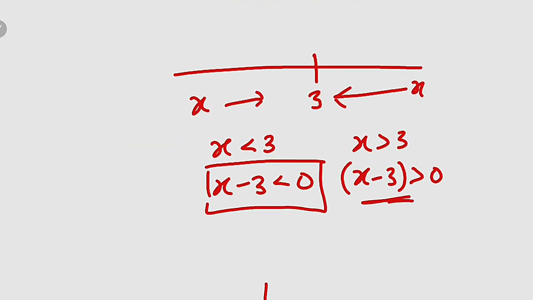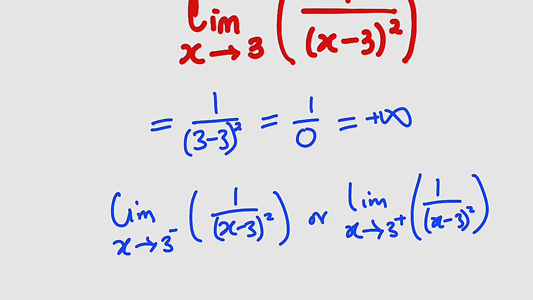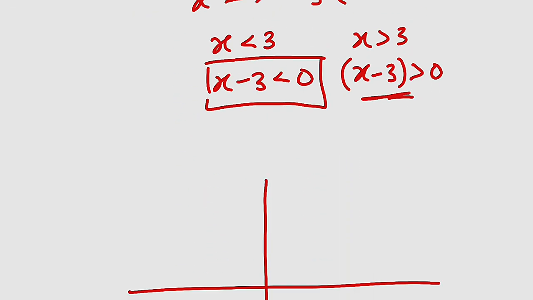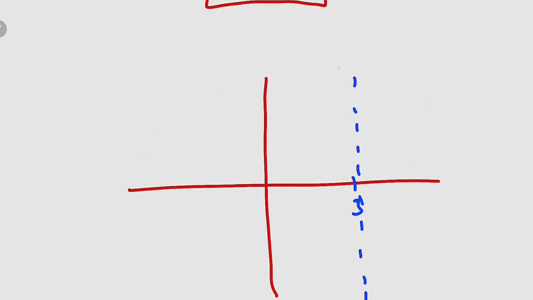If you graph this, this is y-axis, this is x-axis. You know we are going to have a vertical asymptote at what? x equal to 3. Because we don't want the denominator to be equal to 0. So at x equal to 3, if this is 3, you're going to have a vertical asymptote here. And if you construct the graph, you're going to obtain something like this.